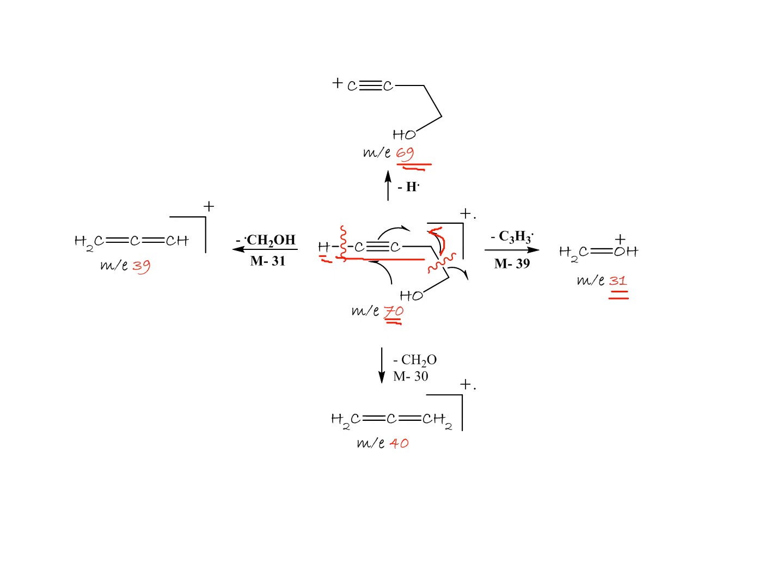Hydrogen transfer as a first step, then homolytic fission to form the peak at 40, and we eliminate CH2O, and the H will be transferred to this carbon.